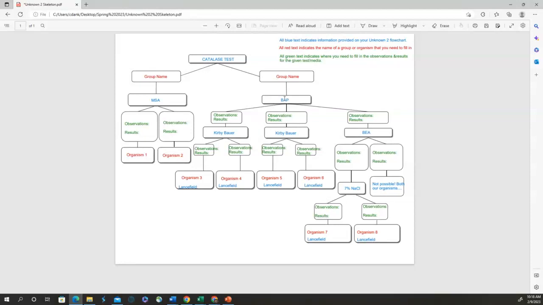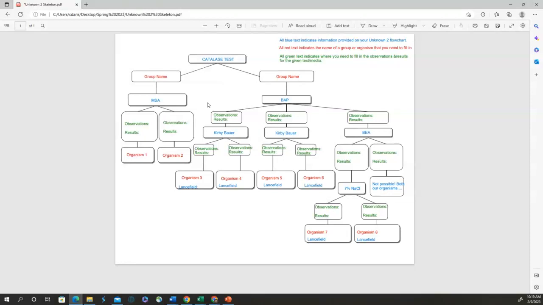So as you go through the lab videos and the lab PowerPoint, you're going to see which group of organisms the blood agar plates are relevant for. You're going to find out which group of organisms the mannitol salt agar plates are for. So all you're putting here is the name of the group, which was just discussed on the lab PowerPoint at the beginning of this video.